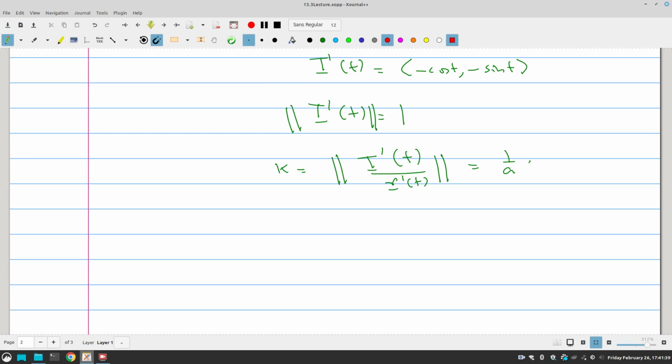Okay, so this is one way of computing the curvature, but there's a more convenient way, right? There's an easier way of computing the curvature, and this is something that we're going to derive right now.